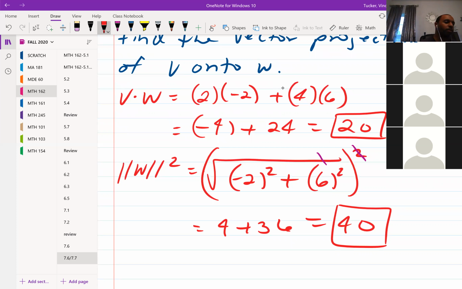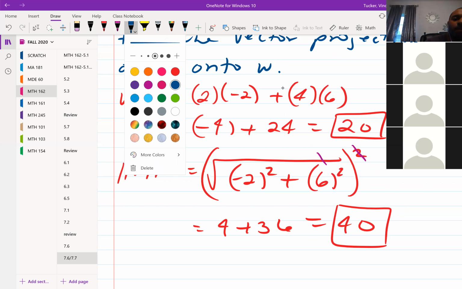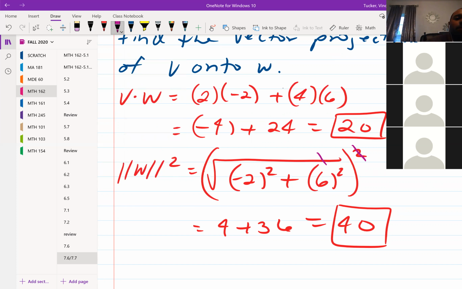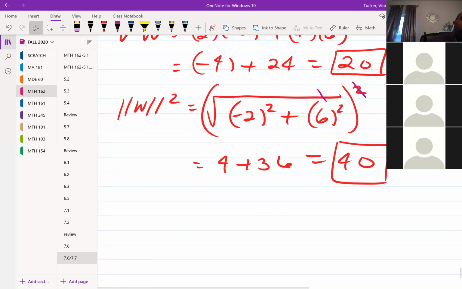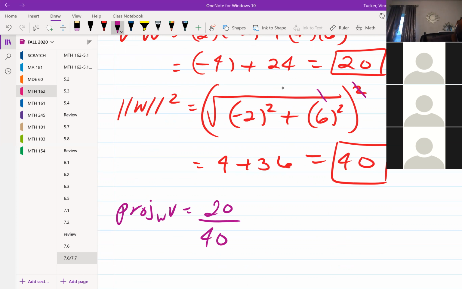All right, before we go any further, make sure we are okay. It's going to be 20 over 40.